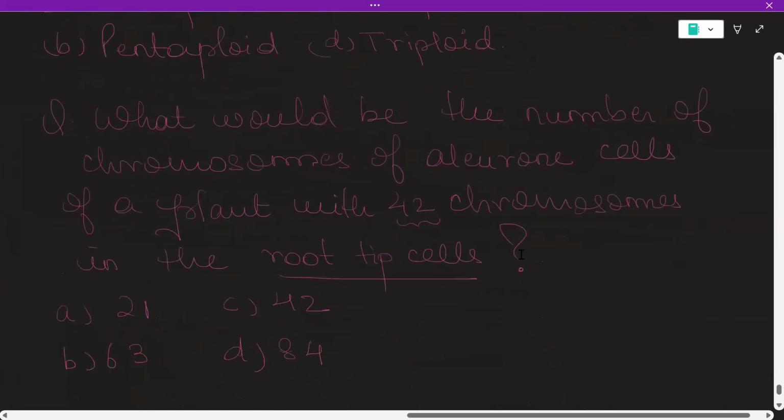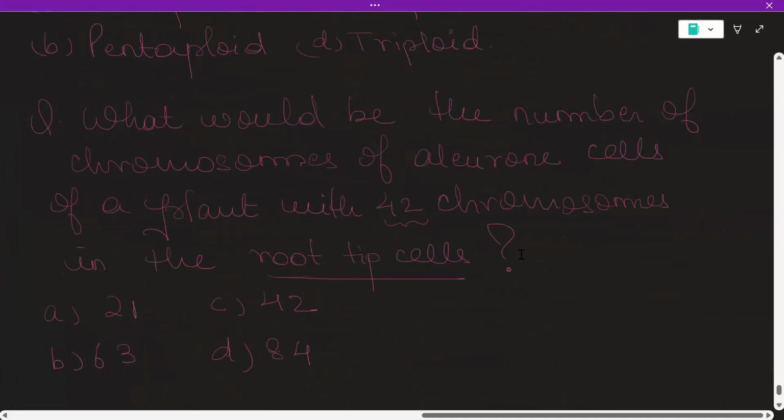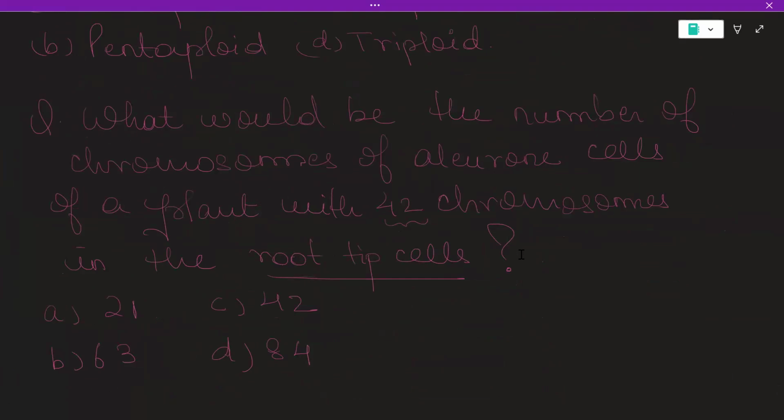And then the last question, what will be the number of chromosomes of aleurone cells of a plant with 42 chromosomes in the root tip cells? How did you calculate this, students?